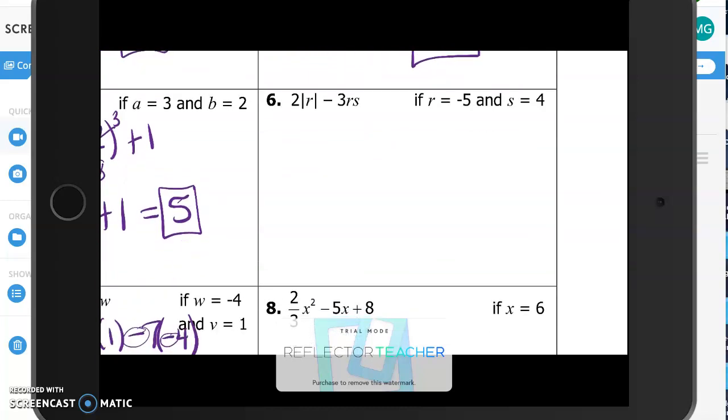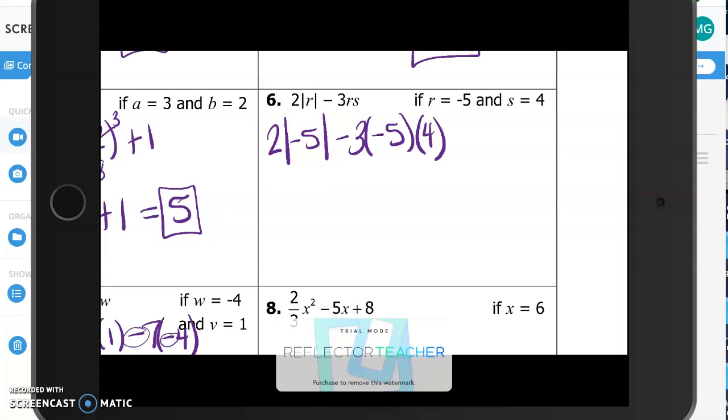Number 6, when you rewrite it, 2 times the absolute value of negative 5 minus 3 times negative 5 times 4. So again, just rewriting the whole problem, only putting the numbers in place of their variables.